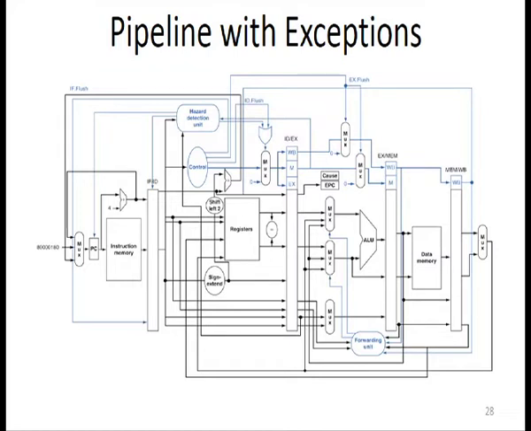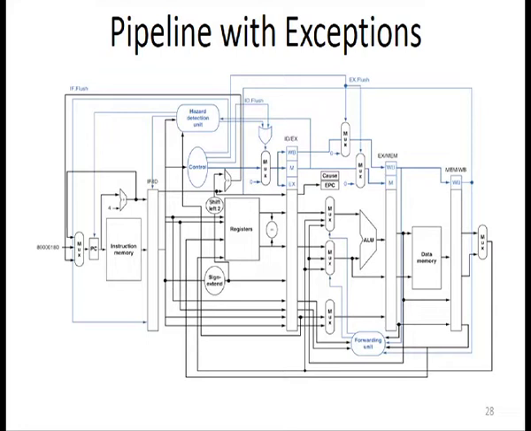And as you can see, the program counter also has an additional feature where it will be able to transfer control to a predefined address depending upon the cause of the exception. So, you have that exception handler's address given as another option to the program counter. We already have multiple options given to the program counter depending on whether it is a normal instruction or a branch instruction.